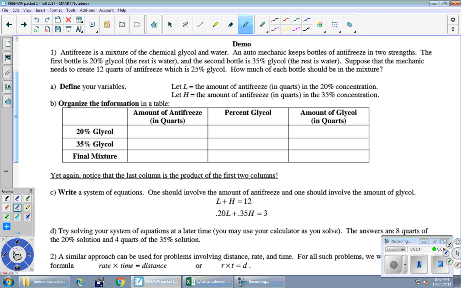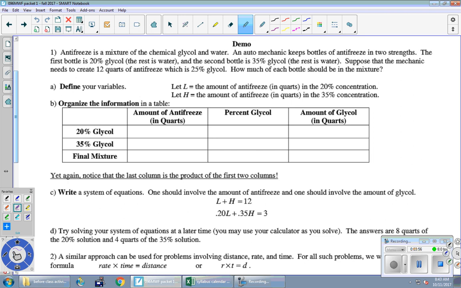If you use more of the 20% stuff, then the percentage in the mixture will be closer to the 20, right? I can pull the percentage close to the 20 by using mostly 20. Or if I use more 35, then I can pull the percentage up, all right? But do you guys buy that I can get any percentage I want between 20 and 35 just by using the right ratio of these 2 liquids? Okay, so here's the goal.